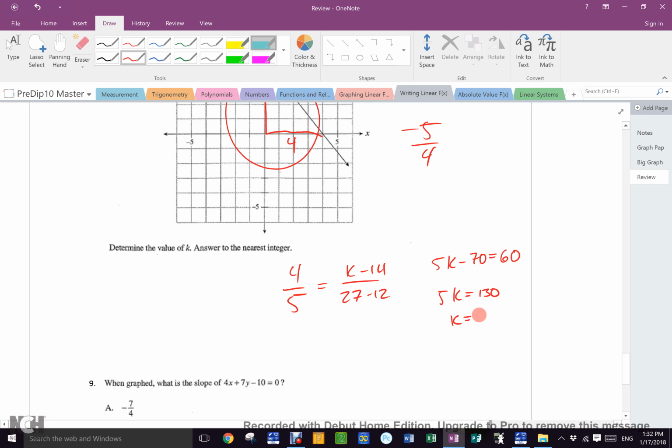K equals 26. 2 marks there because you had to know a bit of stuff.